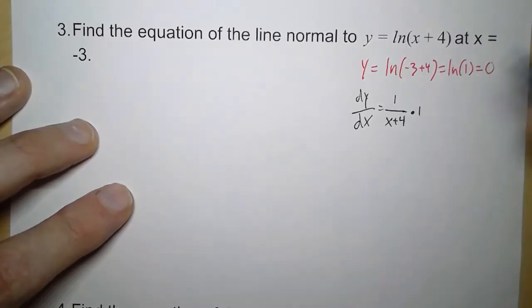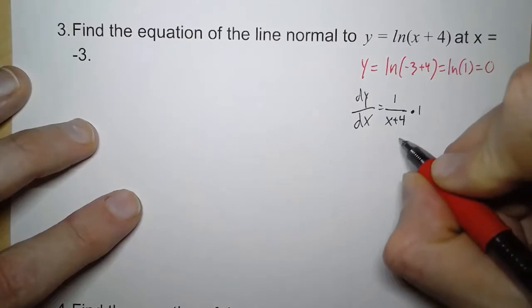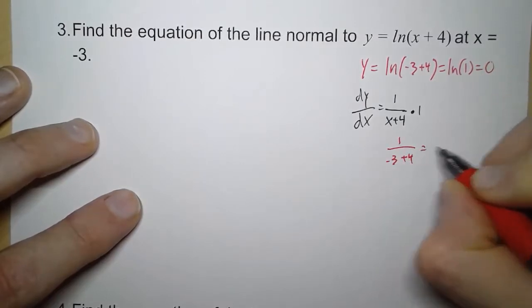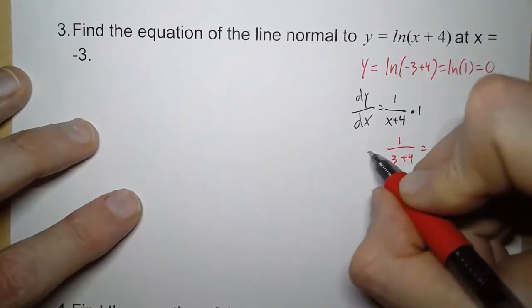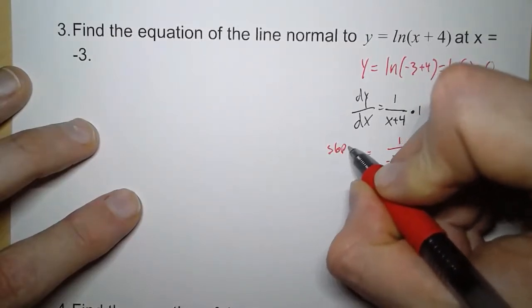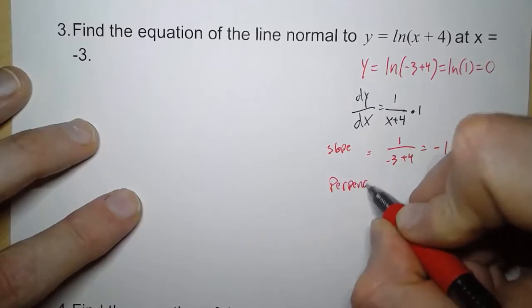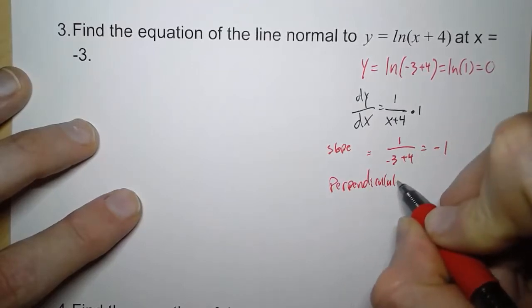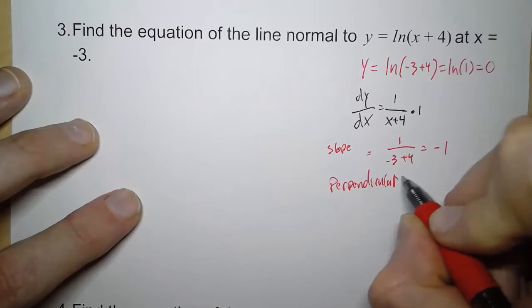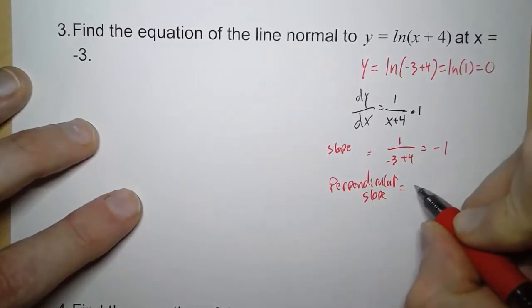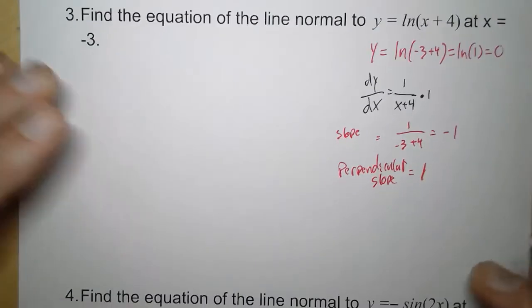And so now we substitute negative 3 in. So negative 3 plus 4, and we get negative 1 as our slope. But that's the slope of the function, so we want the perpendicular slope. And so that's going to be positive 1.